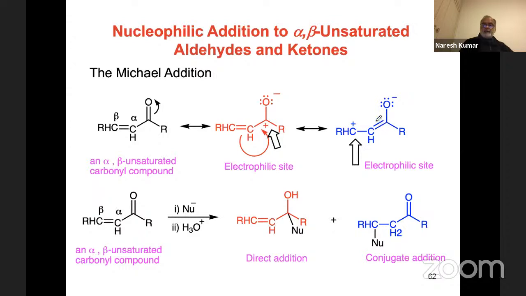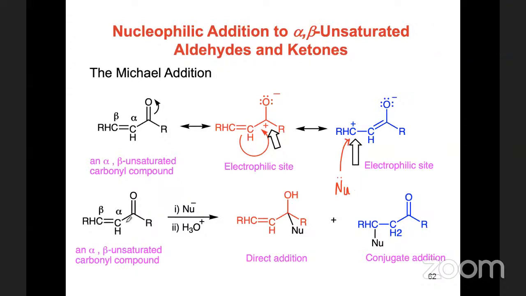And if you move that double bond across here, the positive charge goes onto the carbon here. So that means this is an electrophilic site.